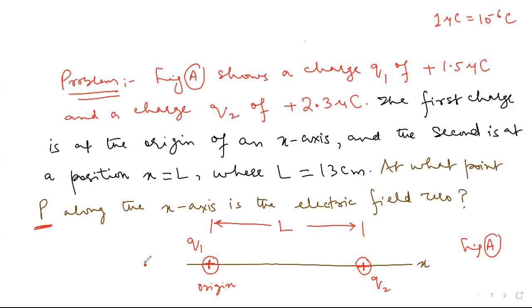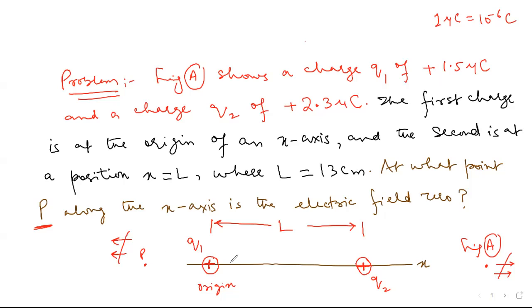This point P cannot be on this side of the x-axis, because here field due to Q1 is towards left and field due to Q2 is also towards left, so they cannot cancel out. Similarly, this point cannot be to the right of Q2 on the x-axis. Same problem, electric field due to Q1 will be outward, electric field due to Q2 will be outward, right? So these possibilities don't exist.